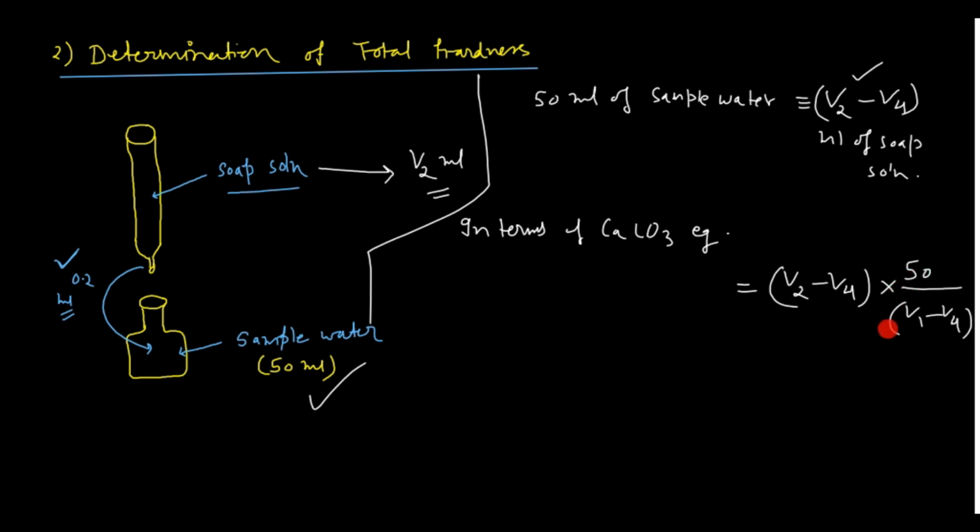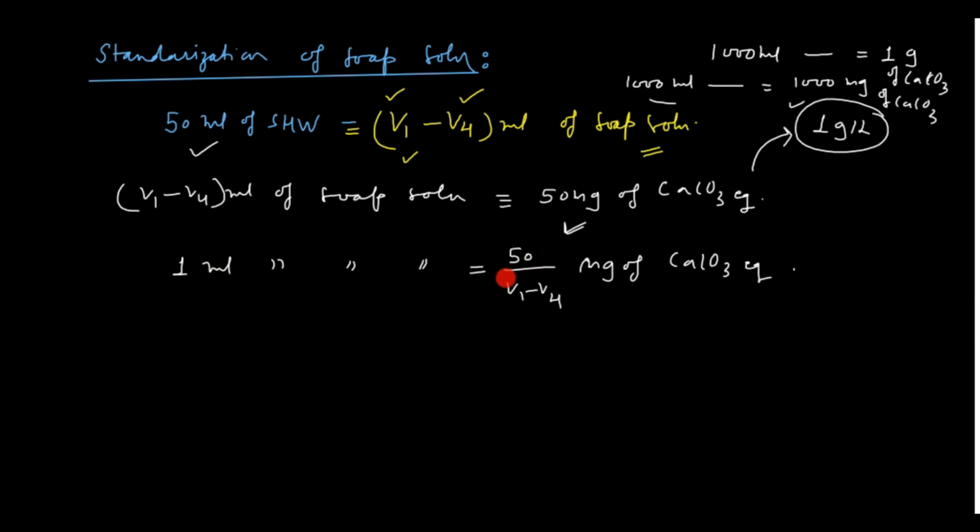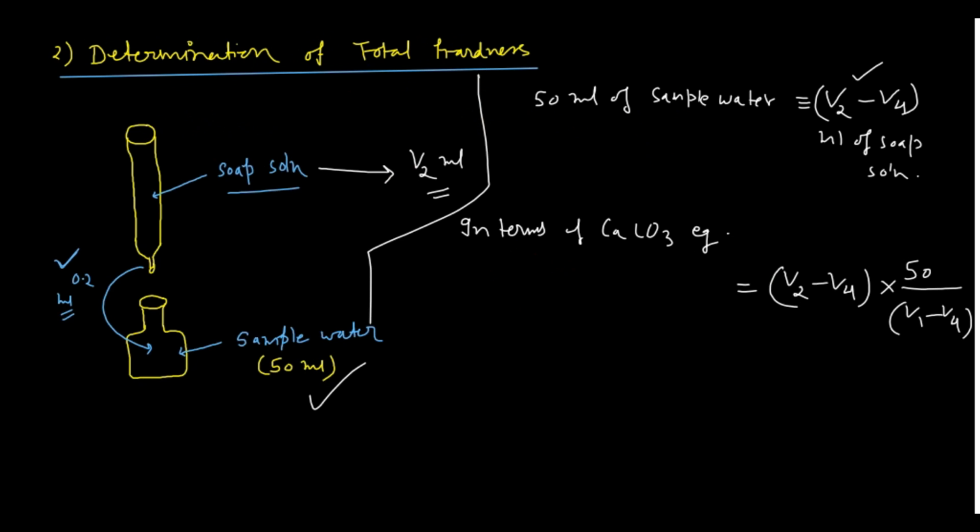Now you must understand from where this value is coming, right? Because this is the normal volume of the soap solution, and it is mandatory to convert all the hardness causing substances into the calcium carbonate equivalent. So I need to incorporate this value which I get from the standardization of the soap solution in the previous step. If I go back, you can see here 50 divided by V1 minus V4 milligram of the calcium carbonate equivalent. So once I have incorporated this 50 by V1 minus V4 here, this is naturally in terms of the calcium carbonate equivalent, right?